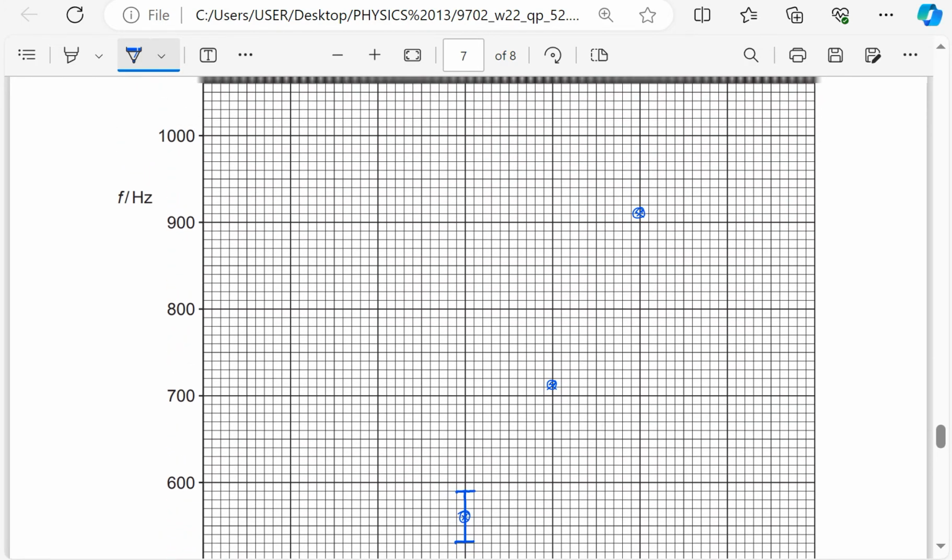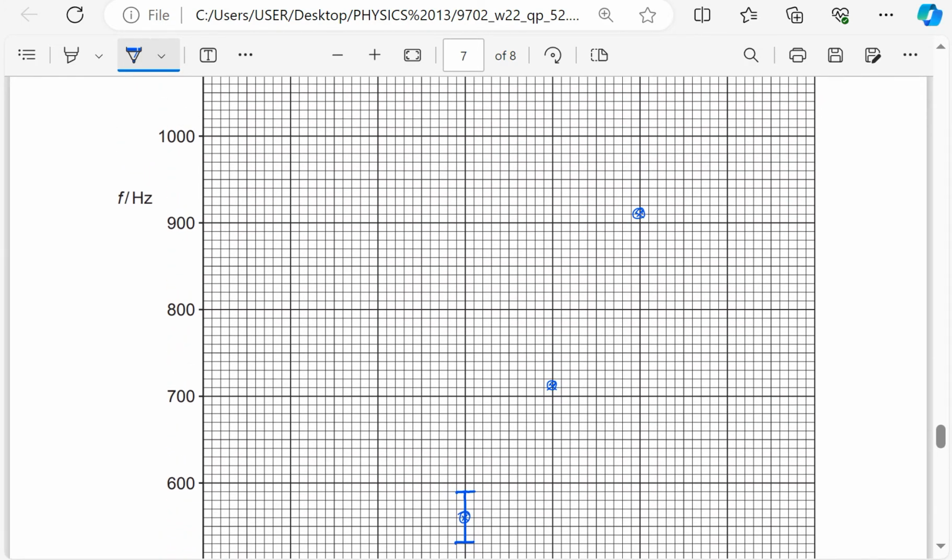Then the other one is 50. 50, those are 5 above, 5 below. The other one is 80.